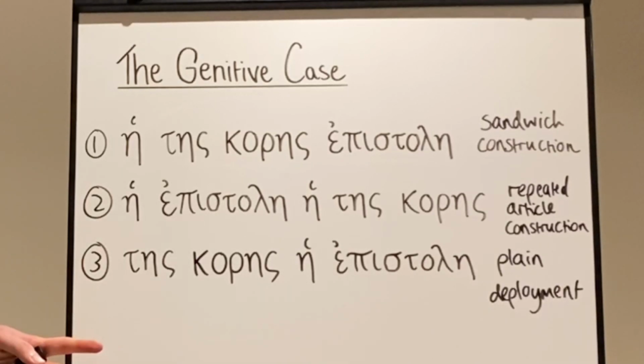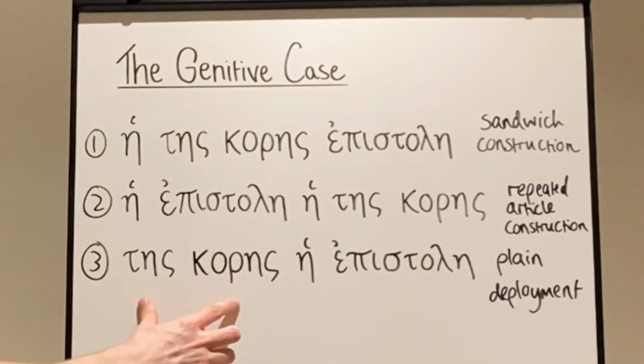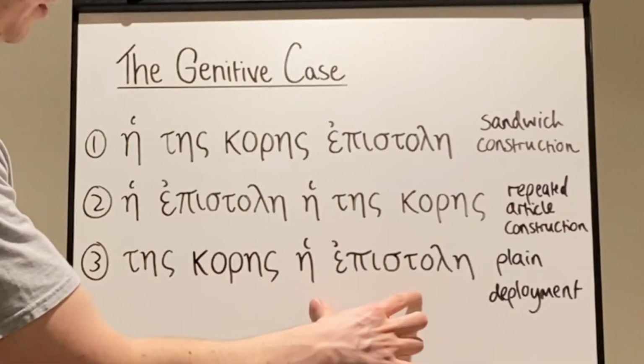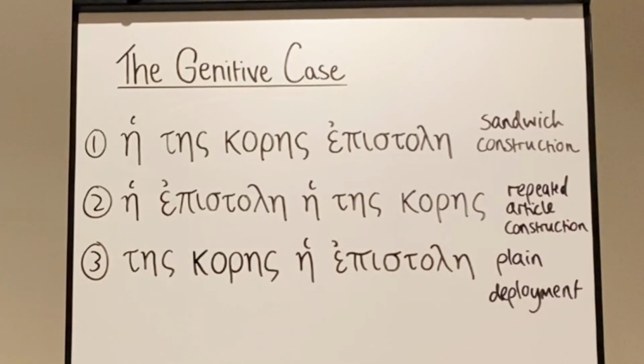There's no repeated article, you haven't got two definite articles next to each other, so we know it's the plain deployment. One thing that might have raised your eyebrow about this is that the genitive phrase here comes before the nominative phrase. I did warn you that with a plain deployment of the genitive, this can happen. The genitive phrase could be on either side of the phrase that it is applying to.